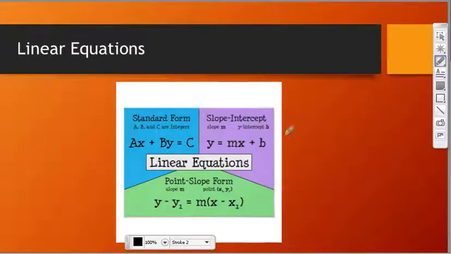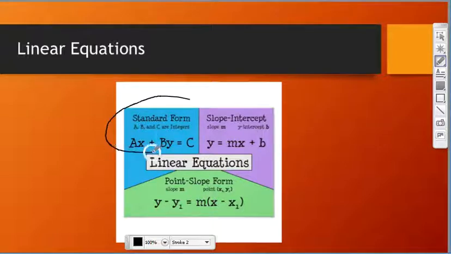Okay, so for this class, there are a few different forms of linear equations that we're going to be talking about. And a form just means that we can manipulate the equation to be in a certain order so that we can use it for whatever purpose we need to use it for.